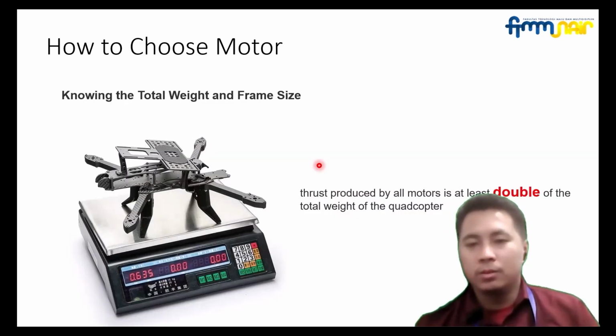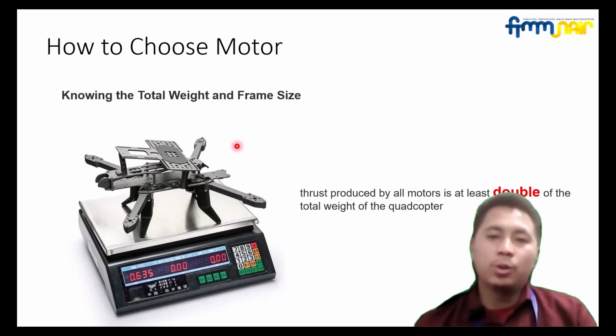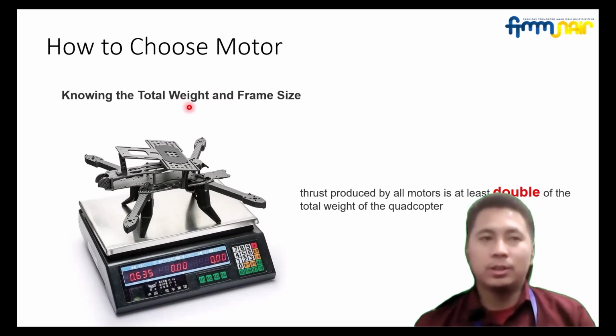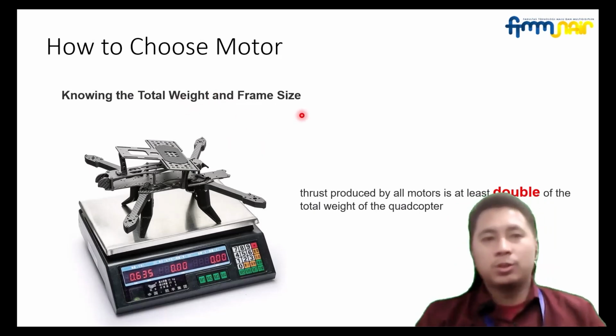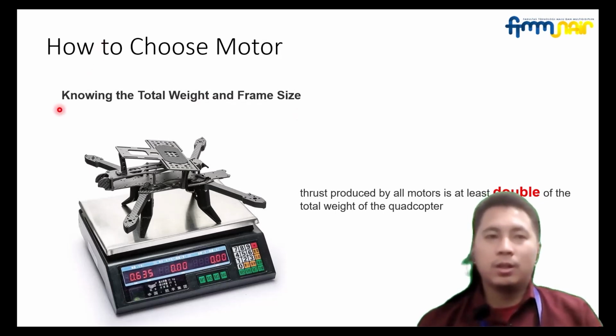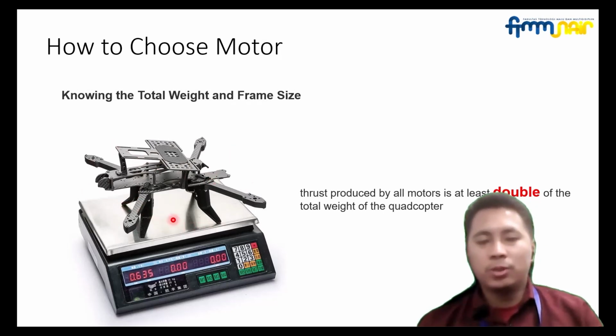So how to choose the motor first? You have to know the total weight and the frame size. The total weight of the quadcopter should include all the components: the flight controller, ESC, motors, propeller, RX, video transmitter, antenna, lipo battery, GoPro camera, and so on.